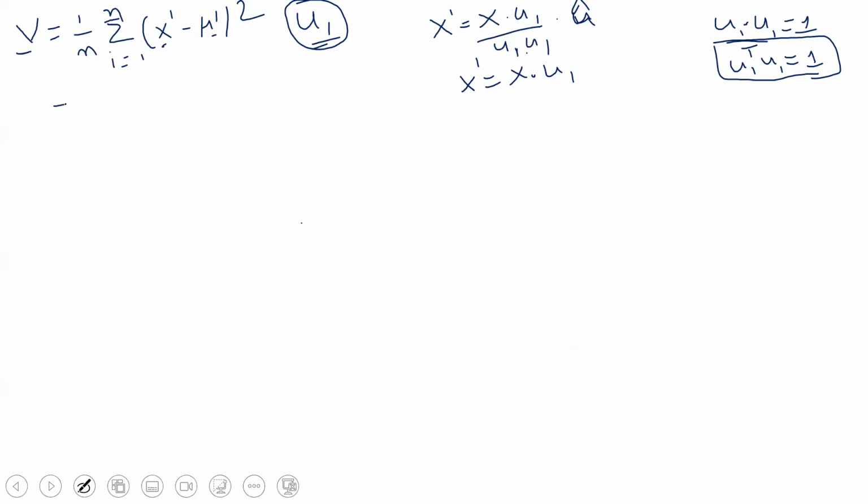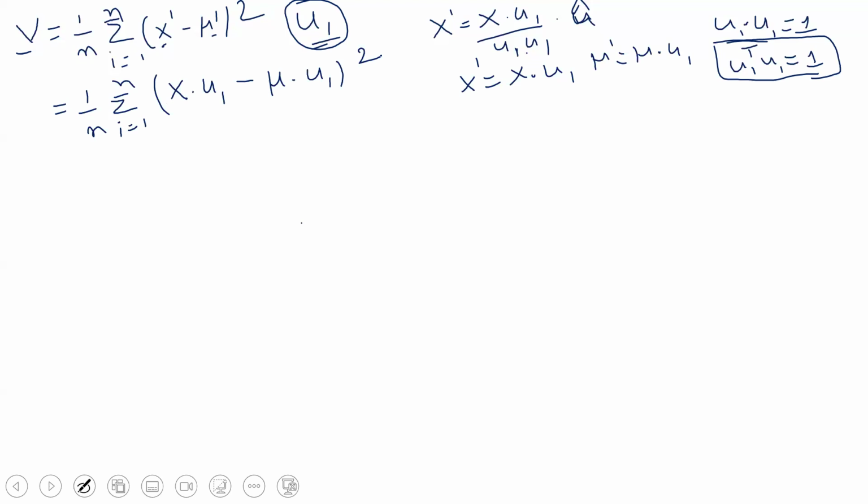Now I'll come back here and apply the same thing: 1 by n sigma i equal to 1 to n. I'm replacing x cap with x dot u1, minus mu cap. Similarly, mu cap is nothing but the original mu dot u1. So I am applying mu dot u1, whole square. Okay, so that is what we have done now.